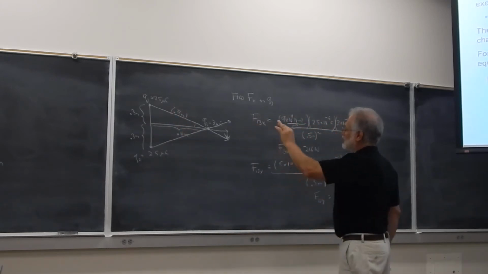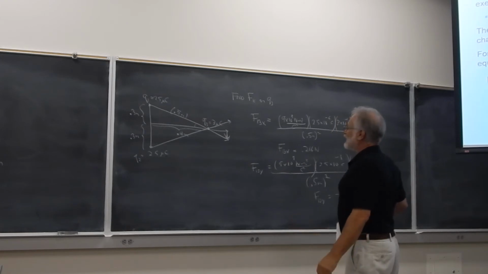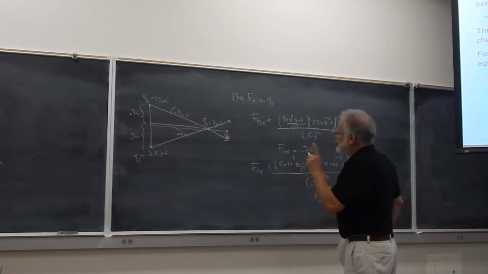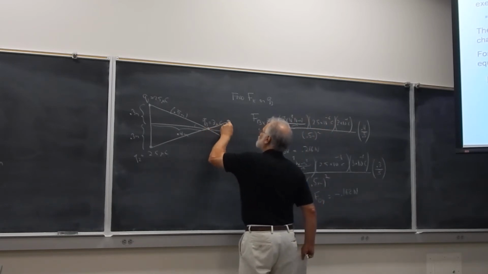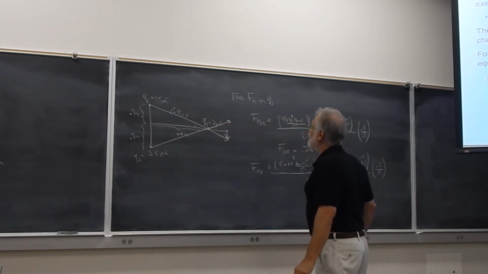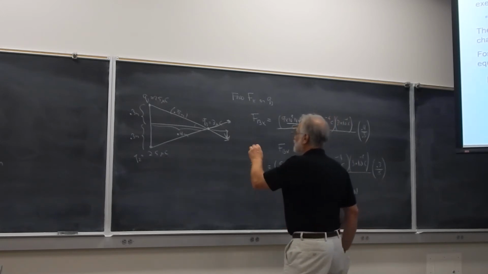Because those charges are the same, Coulomb's law will say everything is the same except the direction of F23 in the y direction. Because that's going to be a positive charge.